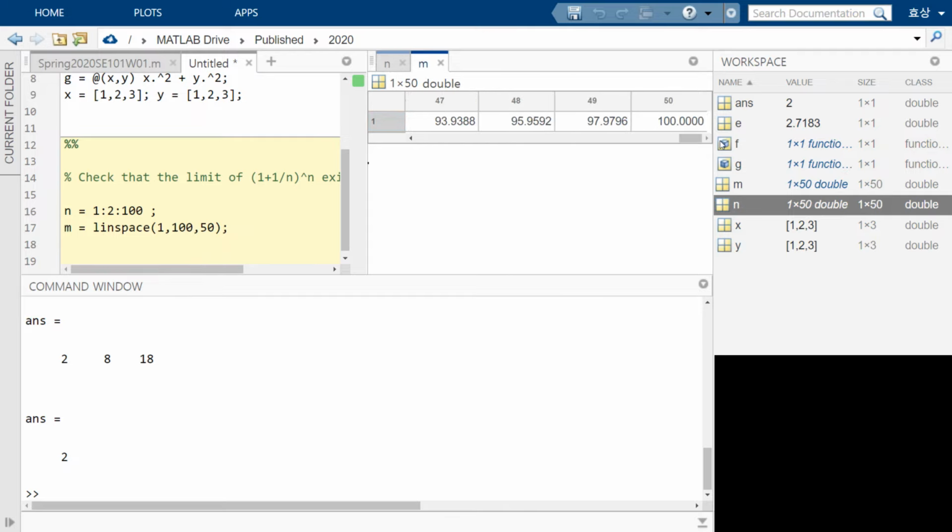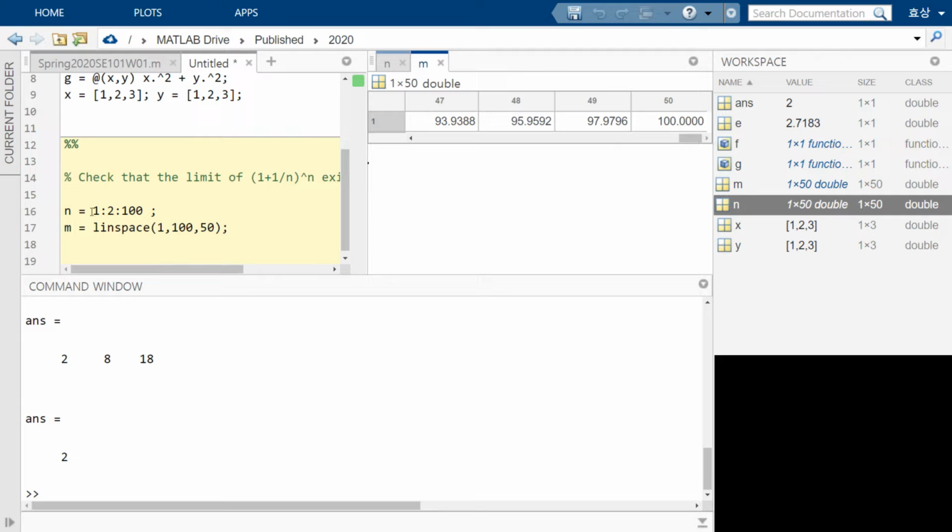However, m does not consist of integers: 1, almost 3, but not exactly 3. Also look carefully at where they end. m ends at 100 instead of 99 as in the case of n.